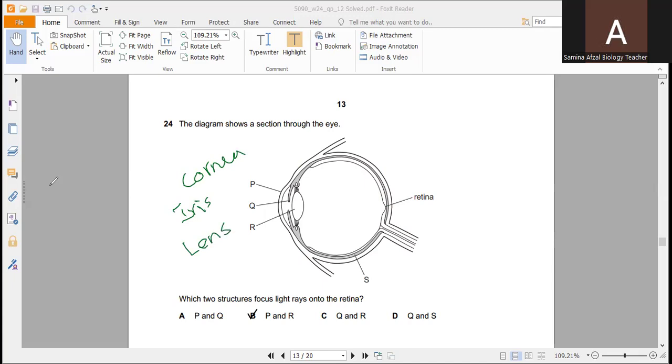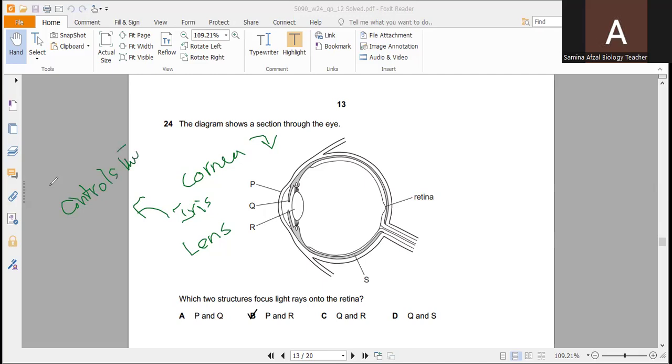So here you can see the cornea helps in the entrance of the light rays and to focus on the retina. These light rays pass through the iris. The iris controls the entry of light.